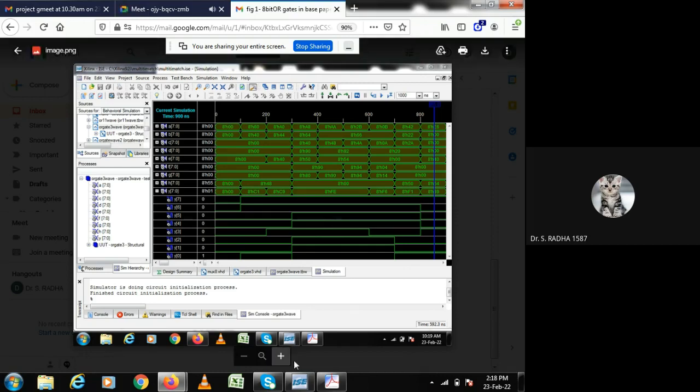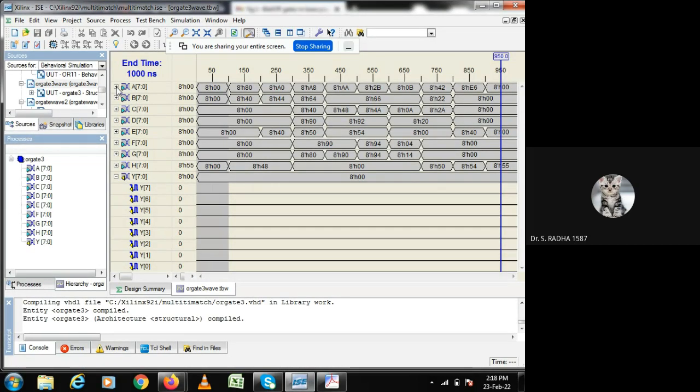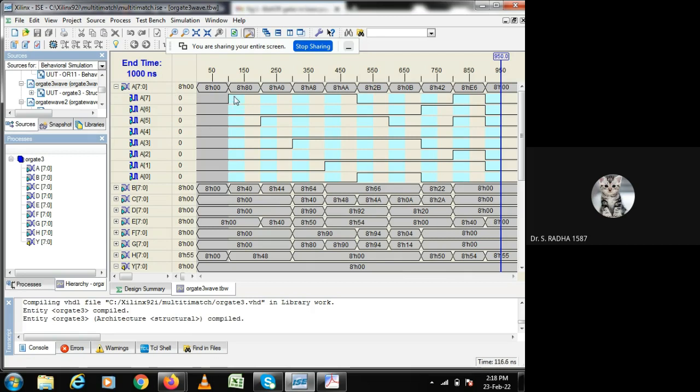A all zeros means you have to enlarge here, and here at least one bit is high. At this point output will be high. And when all are zeros, that we have to identify, that only here I think all are zeros. Only at this point we should get the output as 0.